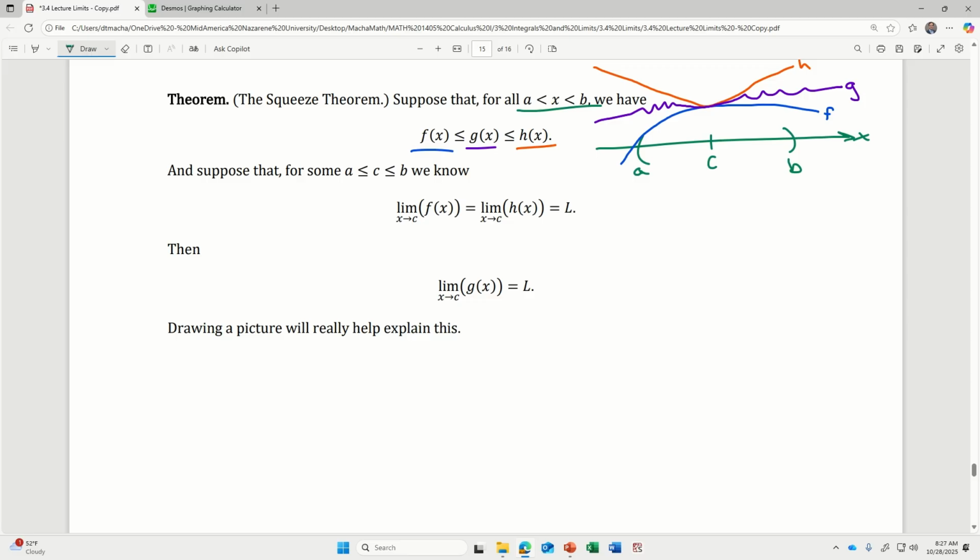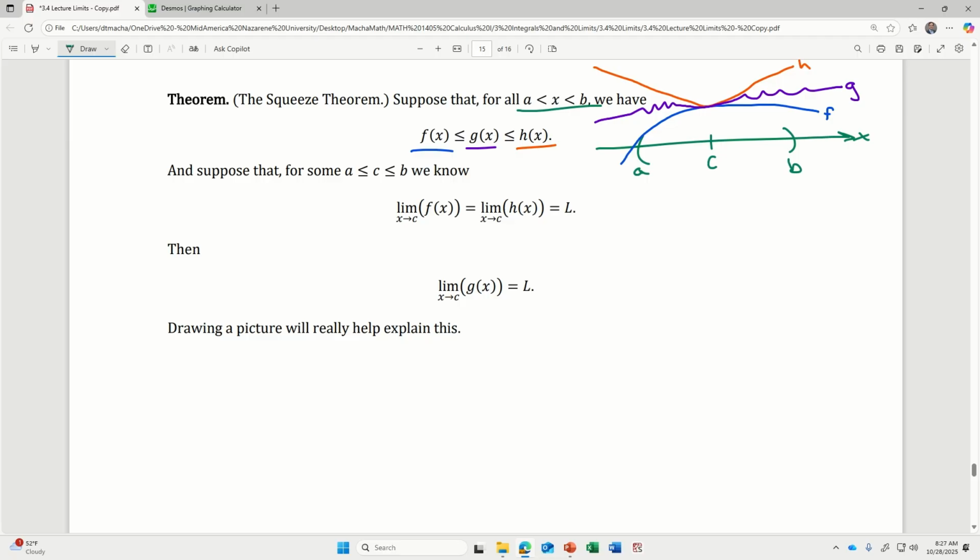my function f and my function h have the same limit. Do you see how in the picture I drew, the function f in blue and the function h in orange, they have the same limit as x approaches c? If f and h have the same limit, then g, the function squeezed in between them, also has to have the same limit.